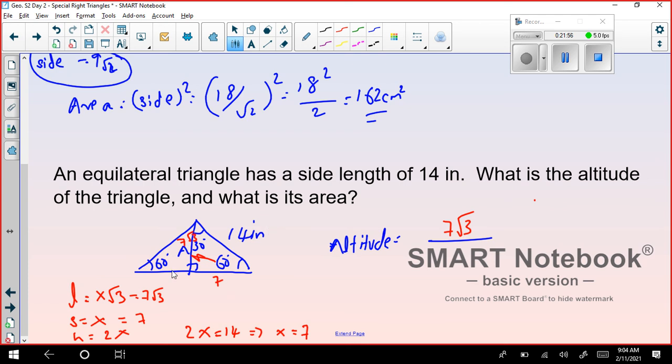This is 7, this is also going to be 7. Area is half of base times height. We have the base, which is 14, and the height, which is 7 root 3.